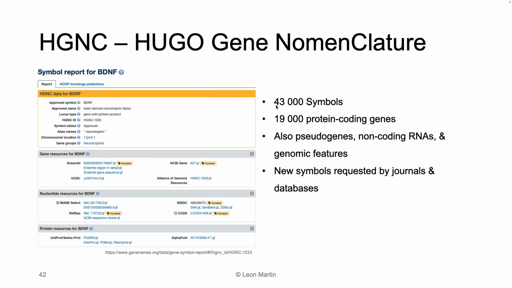So it has over 43,000 symbols, entailing 19,000 protein coding genes, and there could be new symbols requested by journals like Nature Genetics or different databases, if there's a need for addition. And we have also here the approved symbol, the gene name, and more attributes of that.